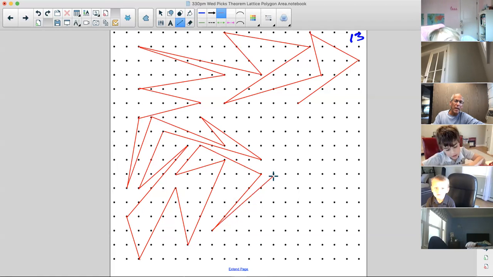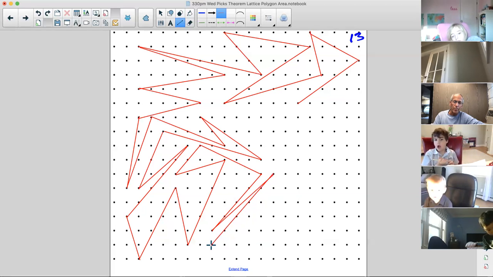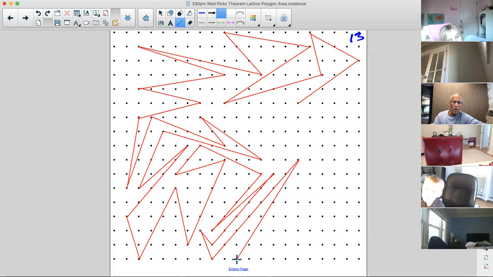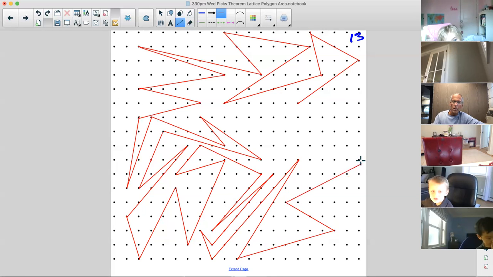Well, there's the next page as another one, so you don't have to worry about that. You just need a straight line.